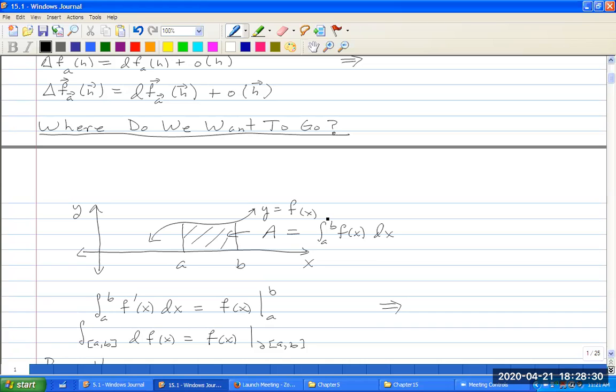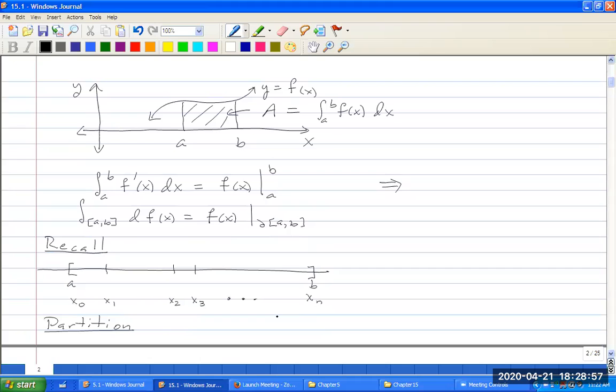If you recall, there was a relationship between the derivative and the antiderivative, the integral. We had that the integral from a to b of f prime was just f of x evaluated at b and a.